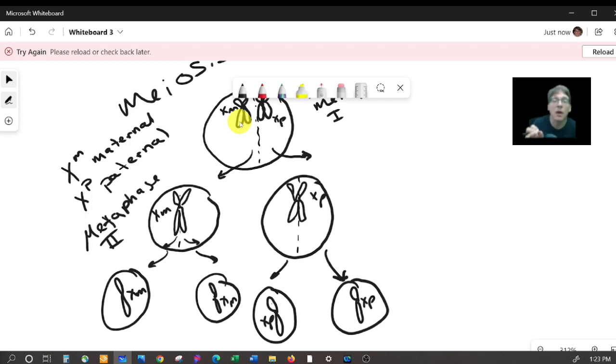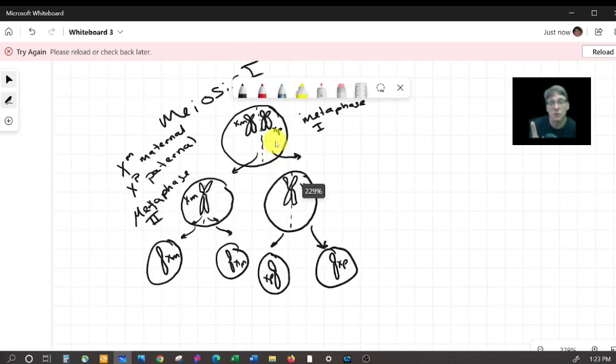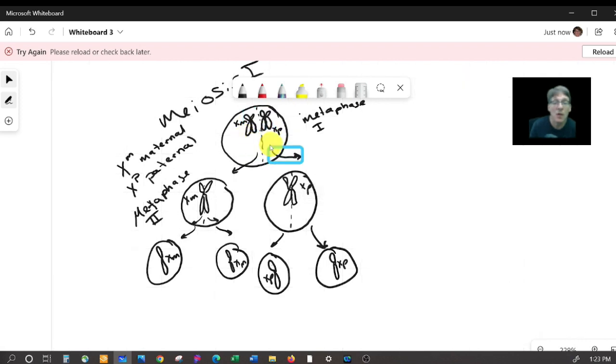Now, when we look at non-disjunction, that event occurs either in meiosis 1 or meiosis 2. If it occurs in meiosis 1, it means that we're going to fail to separate these homologous pairs, and they're both going to go to the same side and go to one daughter cell, and the other daughter cell is going to have none.